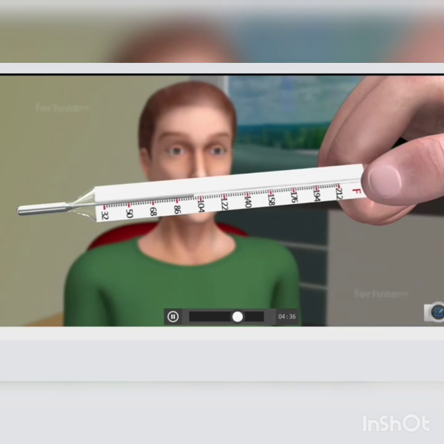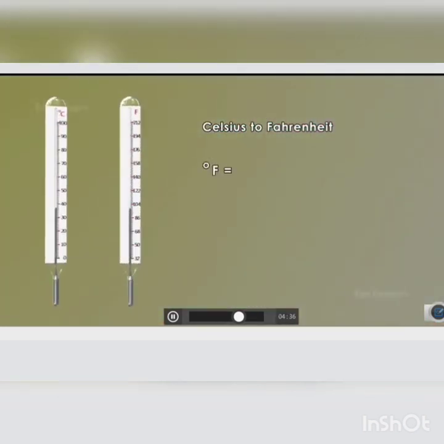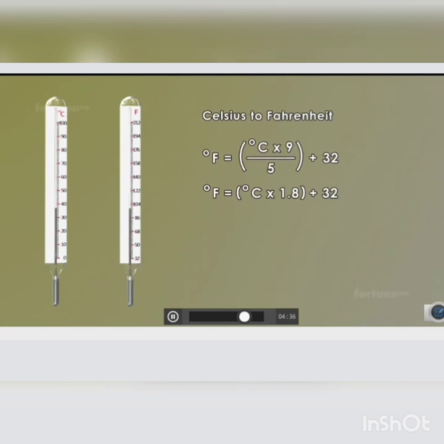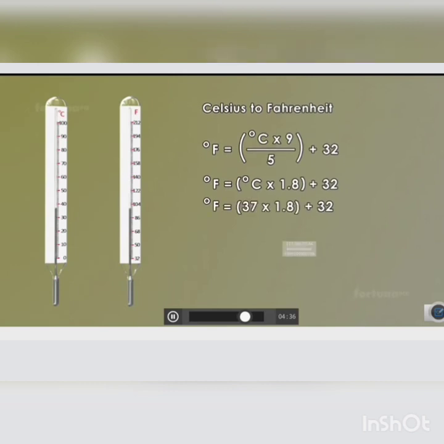To convert the temperature from Celsius to Fahrenheit, we can use the equation F = C × 9/5 + 32, where C represents the temperature on the Celsius scale. We can even simplify that equation and avoid fractions. F = C × 1.8 + 32. For example, 37 degrees Celsius can be converted to Fahrenheit by substituting the value of C into the equation.